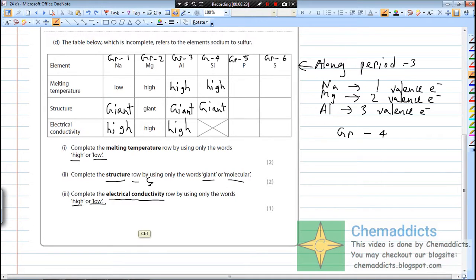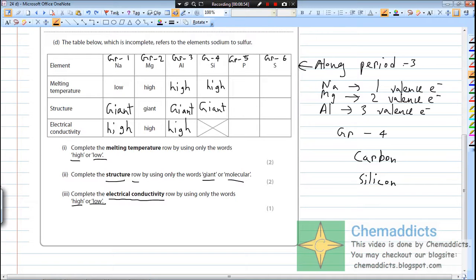So carbon comes first, then silicon. So this is carbon. The first group 4 element is carbon, then silicon. Okay, since carbon and silicon are in the same group, they will have similar characteristics, and we all know that carbon exists in giant structure in nature.